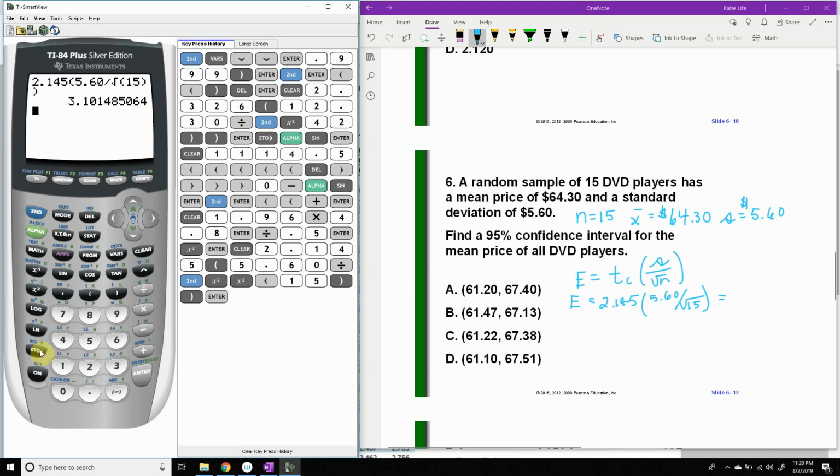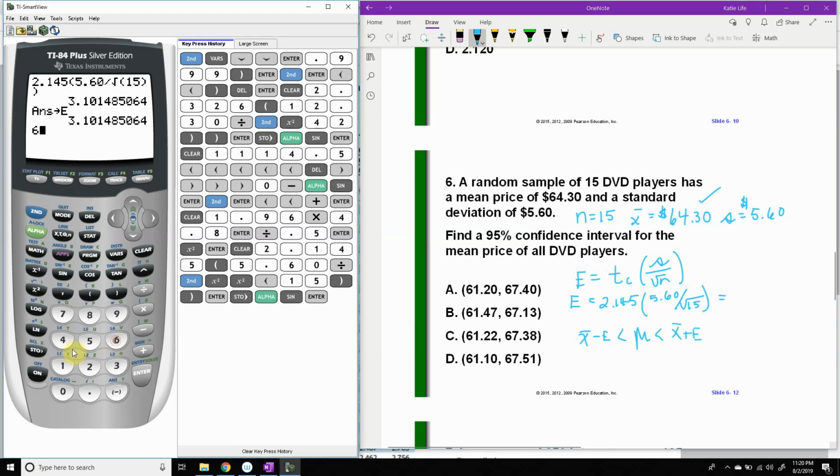I'm going to go ahead and store this as my new E value. And we're going to add and subtract this to our point estimate, which was $64.30. So x bar minus the error is going to trap the true average price of all DVD players, as well as x bar plus our error.